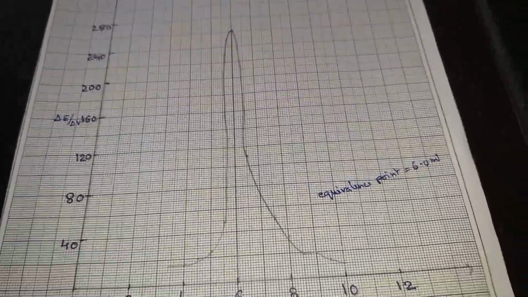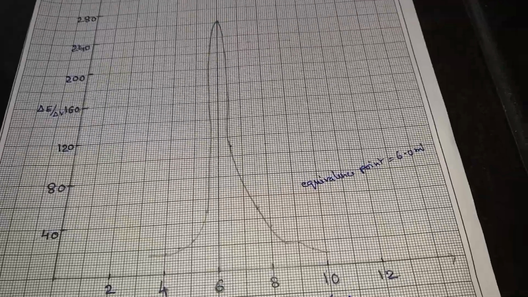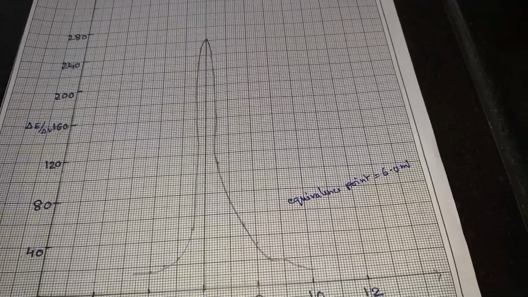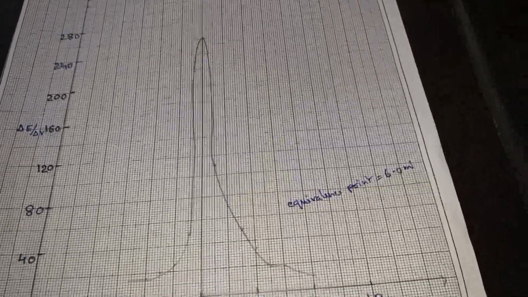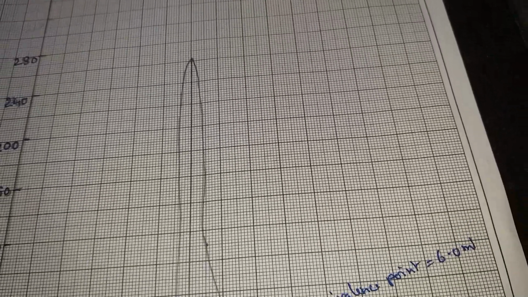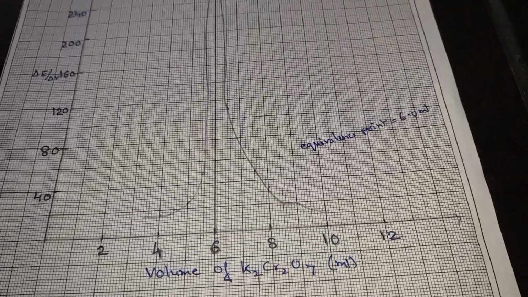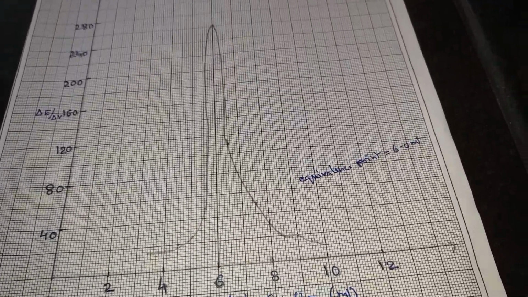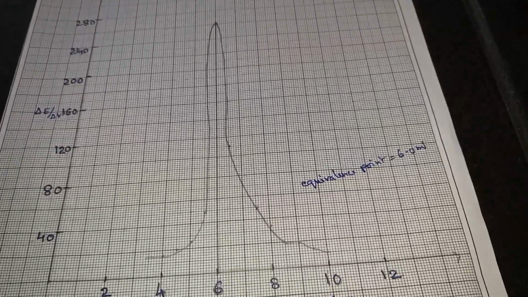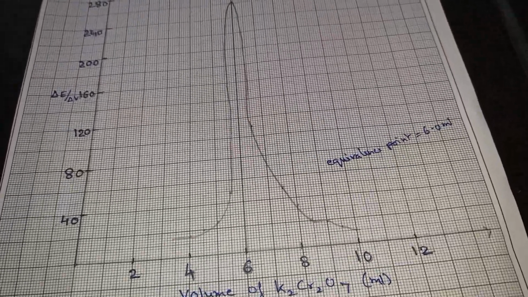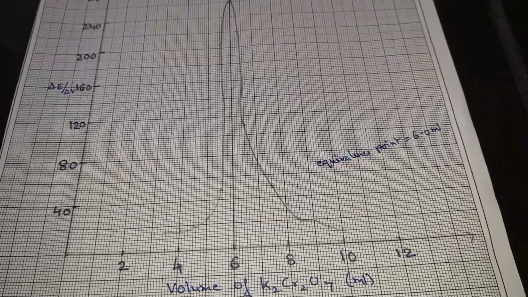Plotting all the values in the graph, we are getting a peak at 262. This point we will join with the x-axis and we are getting at 6 ml the equivalence point has been reached. So this we will substitute in the formula.